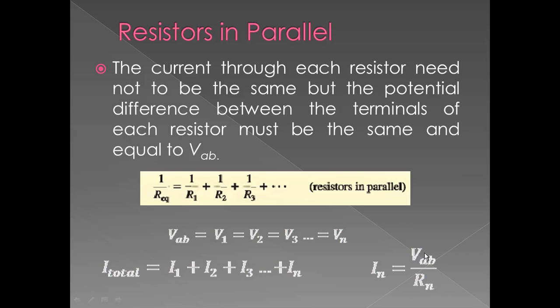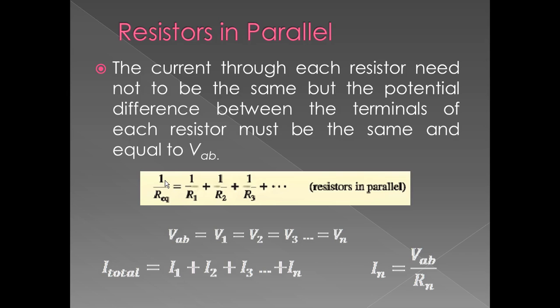If we're going to cross multiply V sub AB over I, so we will have 1 over R sub n. Of course, 1 over R sub n, for the total number of resistors, we have 1 over R equivalent, or the equivalent resistance of the given circuit.